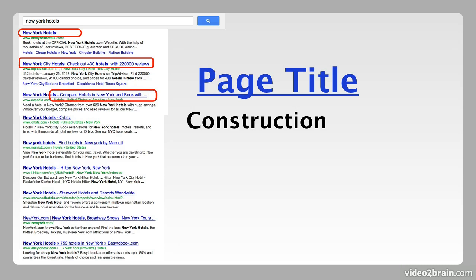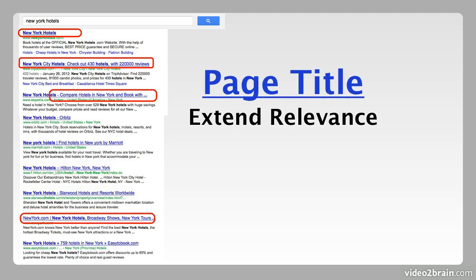Same thing with Expedia, compare hotels. Hilton, New York hotels, but then they say their brand name, Hilton, New York, New York. You see, there's a lot of different ways that you can construct your page title based on the brand, based on what you do, based on your type of business. But what you're doing when you add more words is you're extending the relevance and you're extending your ability to rank for different words.